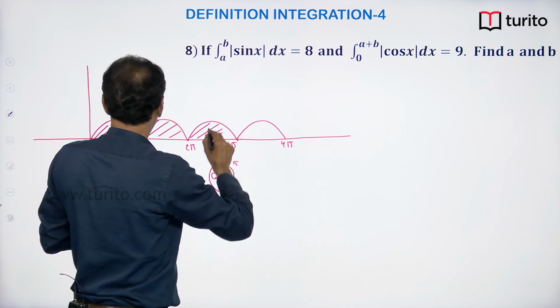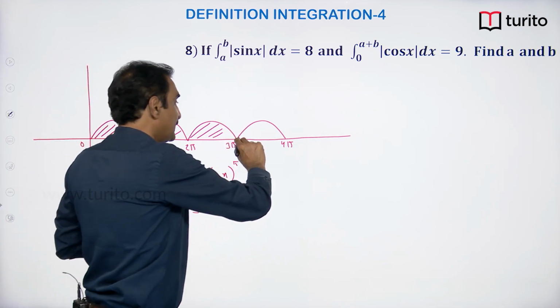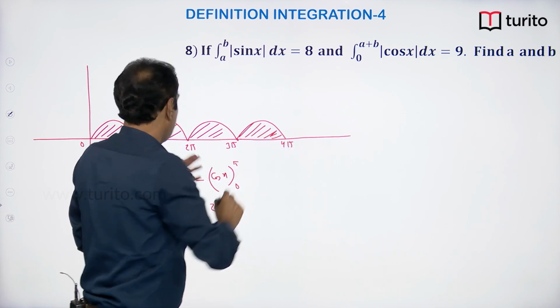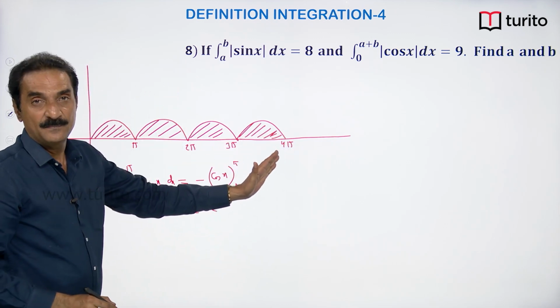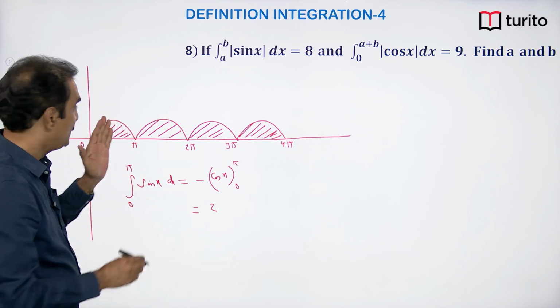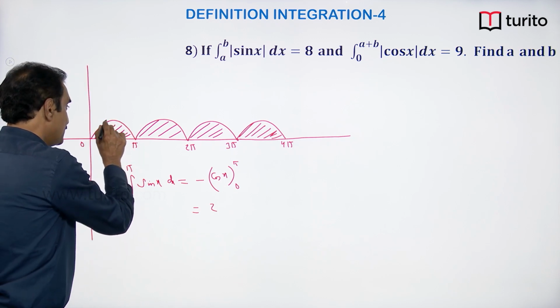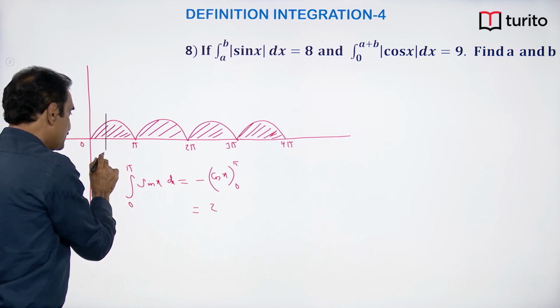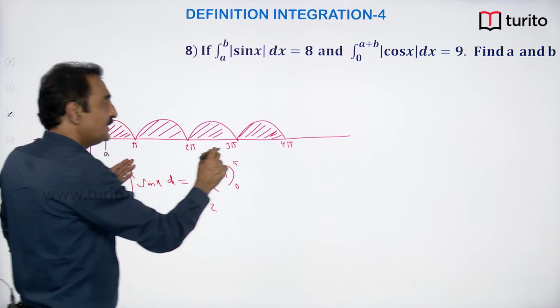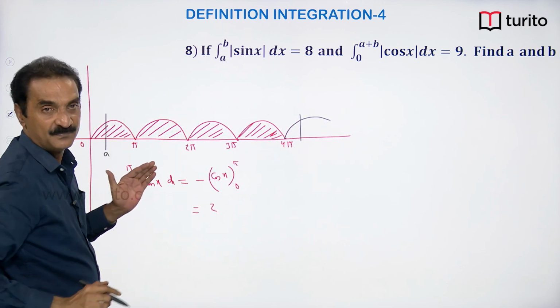Since we start from a to b, integral 0 to 4 pi mod sin x dx is exactly 8. Now suppose you have integrated from some point to the same length extra.